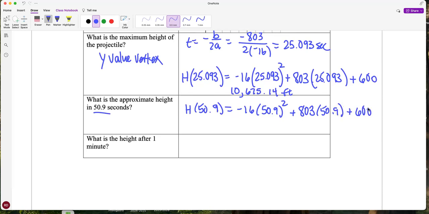So let's try that. 50.9 squared times negative 16, plus 803 times 50.9, plus 600. So I get that the height is about 19.74 feet.